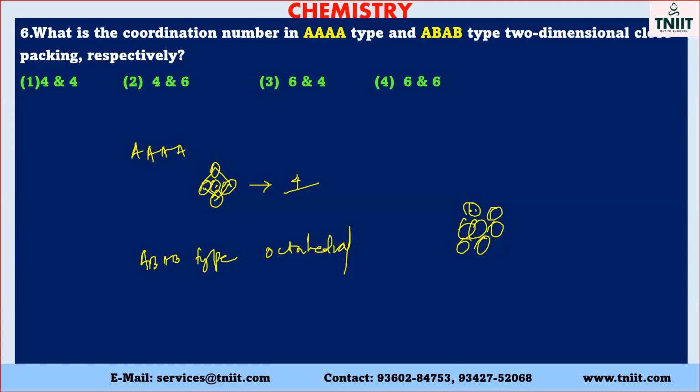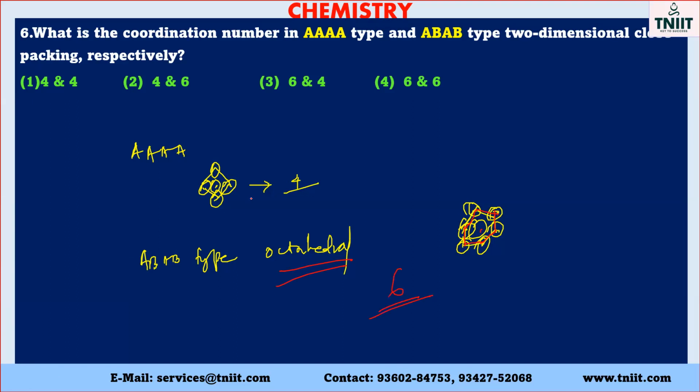You will have a hexagon like this. You will identify better. So you will have a different color, hexagon, 6 points. You can see 6 particles will be in contact with a particle at the center reference. Therefore, the coordination number in AB type is 6.